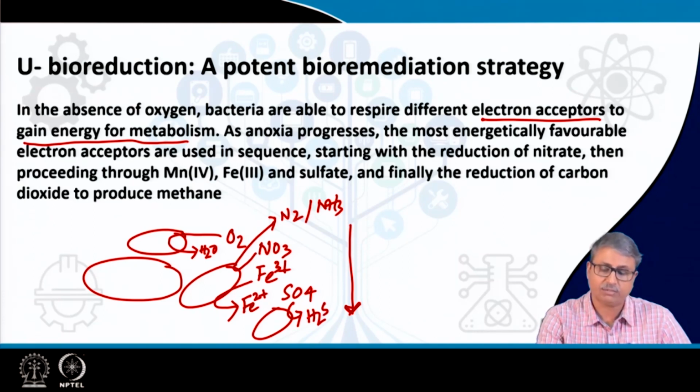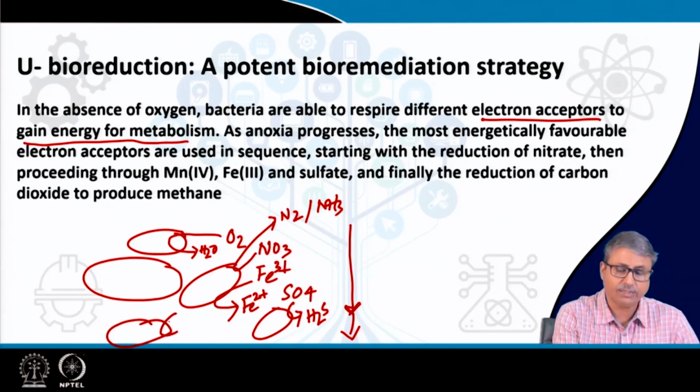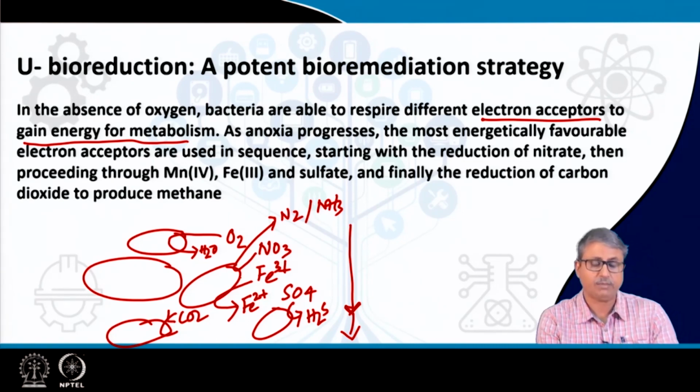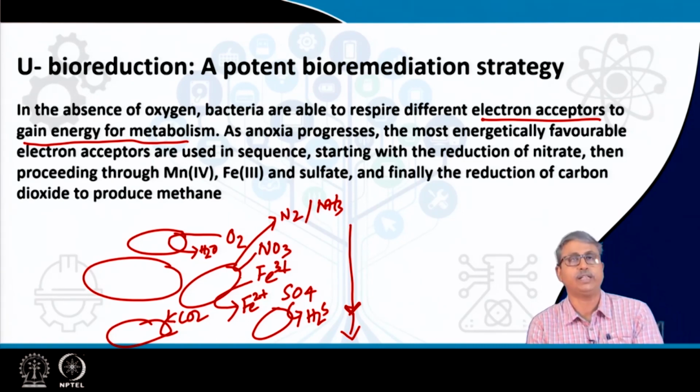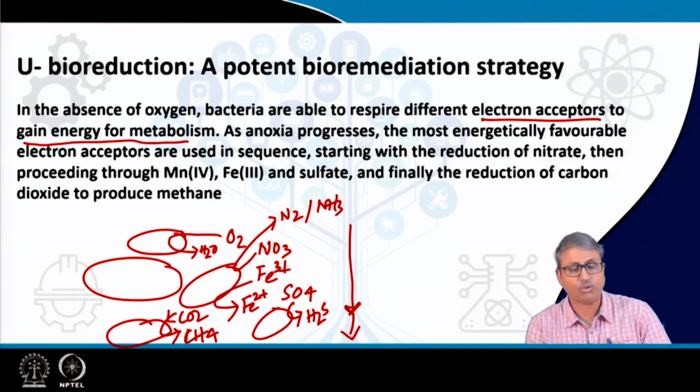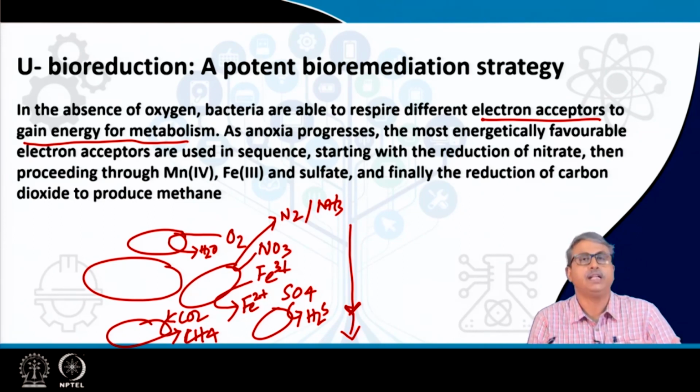And further down, eventually we will see that carbon dioxide, which might be present due to the activities of all these microbes, because they are ultimately catabolizing different organic or oxidizing different carbon sources also, and CO2 is produced. So, these CO2 molecules will be utilized as electron acceptor and eventually methane will be produced. So, this will be the chronology of electron acceptors.